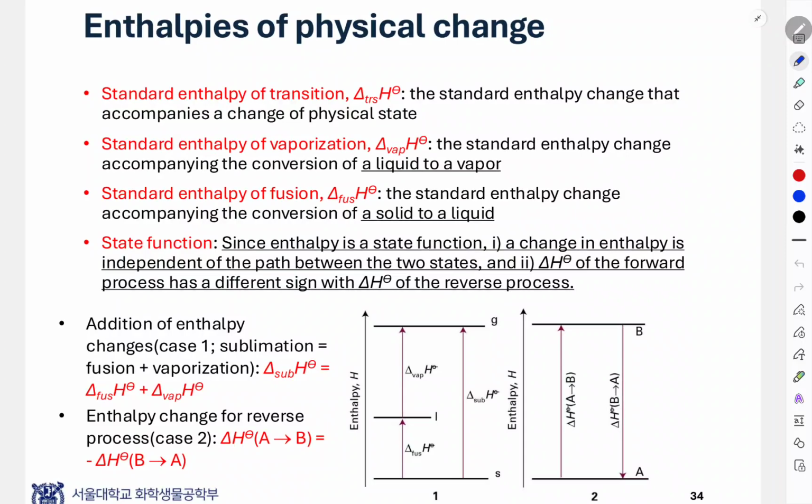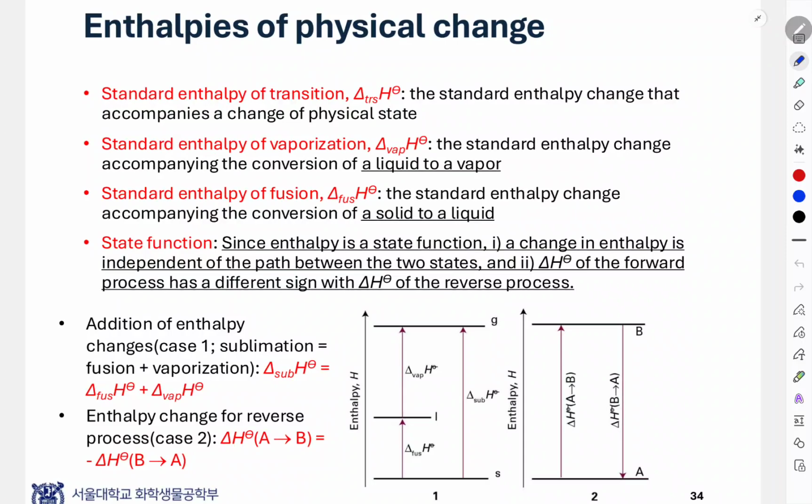For example, ethanol at room temperature and 1 bar is liquid ethanol. An example of a standard enthalpy change is the standard enthalpy of vaporization, which is the enthalpy change per mole when a pure liquid vaporizes to a gas. So this one.